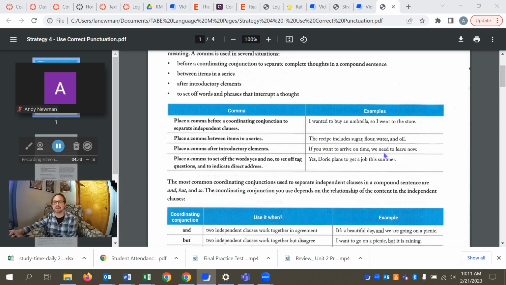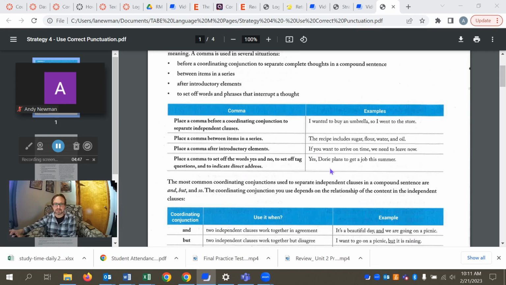The second part, we need to leave now, is dependent on this if statement that is in the introductory elements. If it was a phrase, it would be the same way. Something like, to arrive on time, comma, we need to leave now.